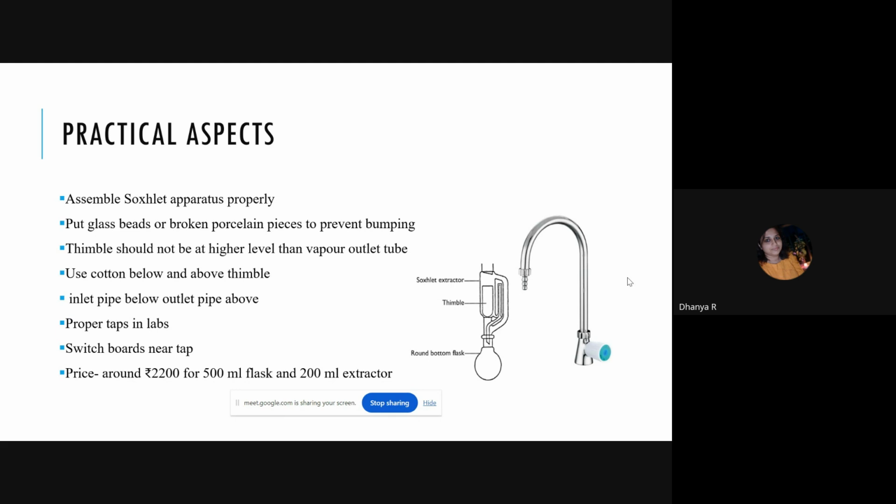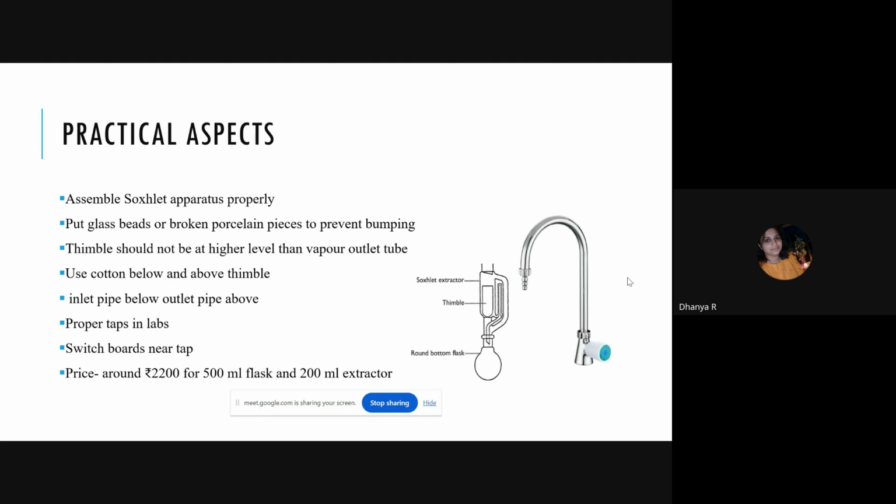Switchboards should be near the taps so that you can switch on the mantle also. The mantle and the water both should be nearby, so you need a switchboard near your wash basin so that you can plug in the mantle.